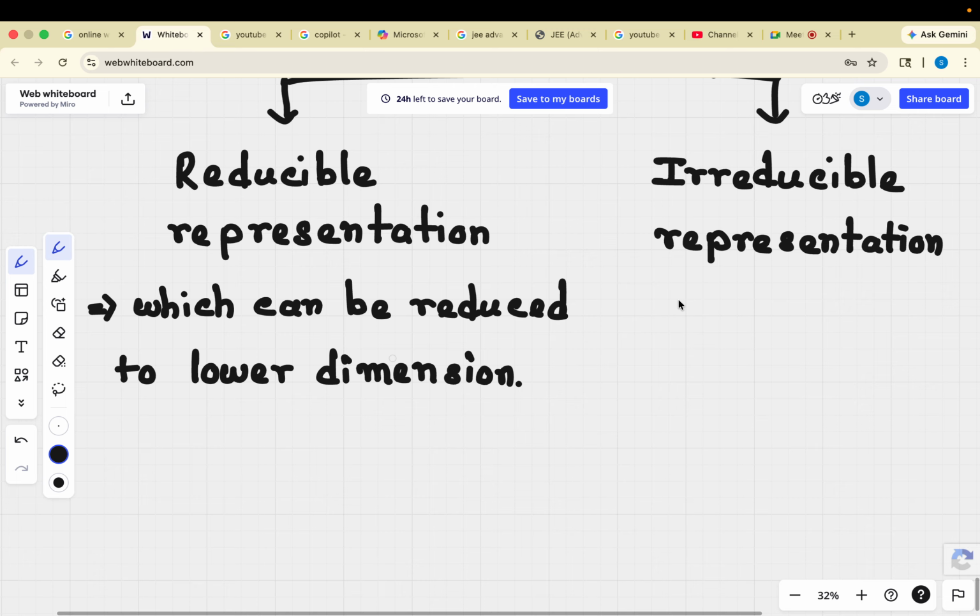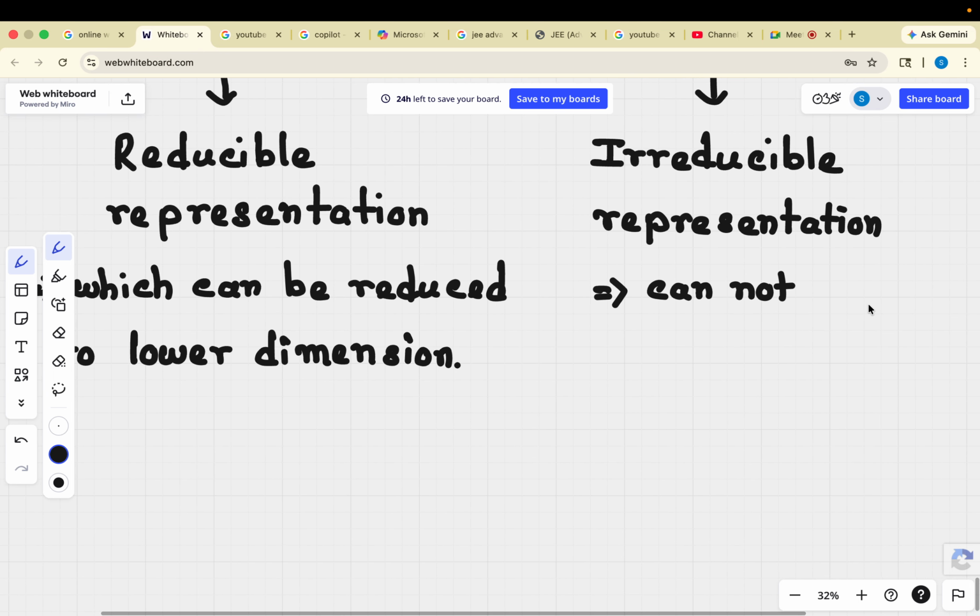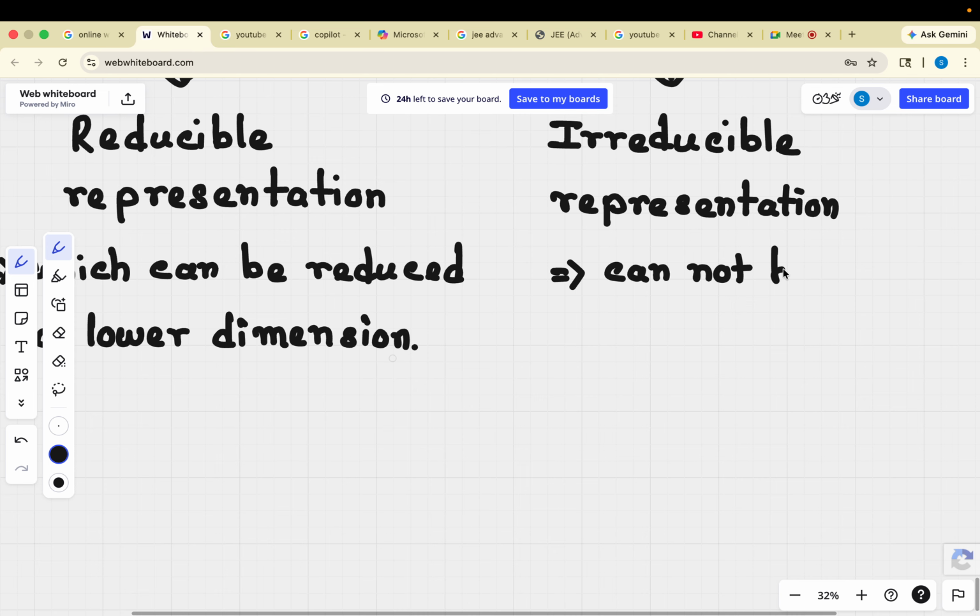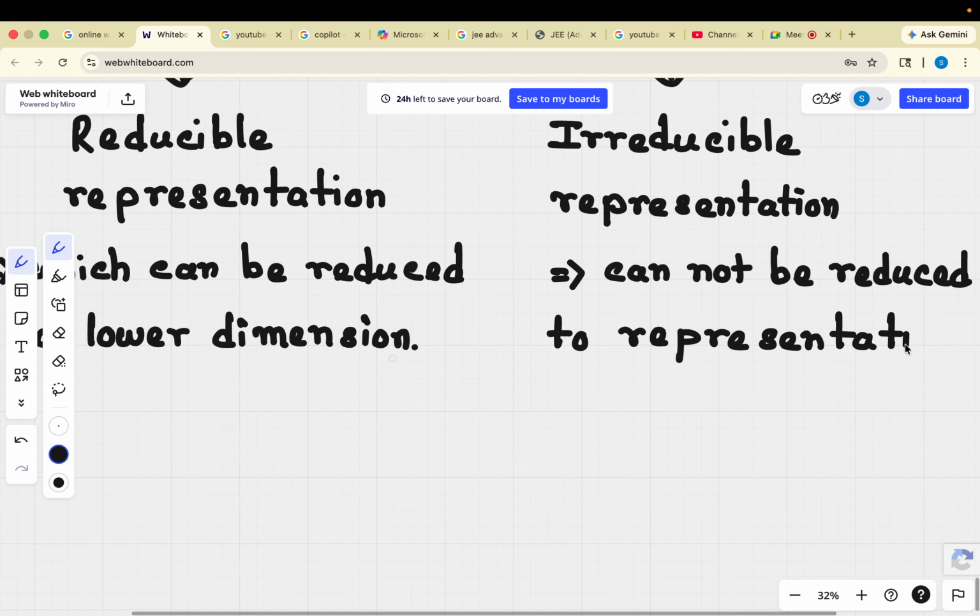And irreducible representation, that is what? Here you can write down that it cannot be reduced to representation of lower dimension.